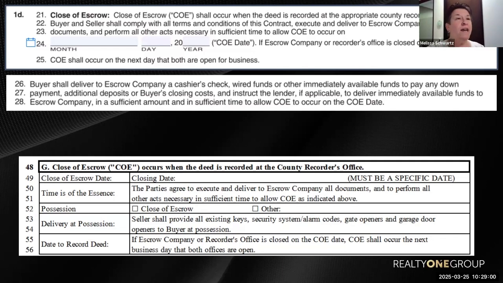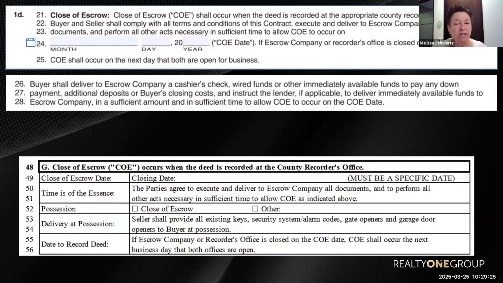If you don't know that date, how do you know those other dates? There are a lot of them throughout the contract, right? The repairs need to be done within how many days? 3 days prior. Okay, you don't know when closing is. How do you have your contractors lined up to do that? So please use a specific date.